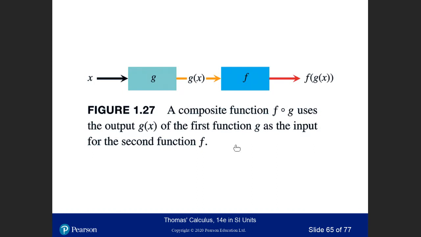Another pictorial representation, f composed with g: you have x entering g and you get out g of x. Now it's the input to f, so in the end you get f of g of x. The composite function uses the output, or the range, of g of x, which enters as an input in f.